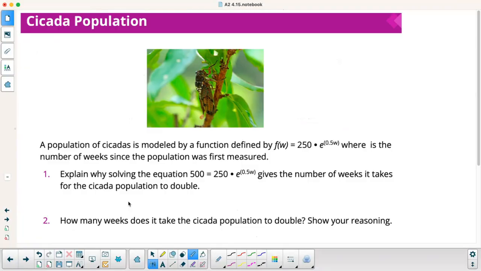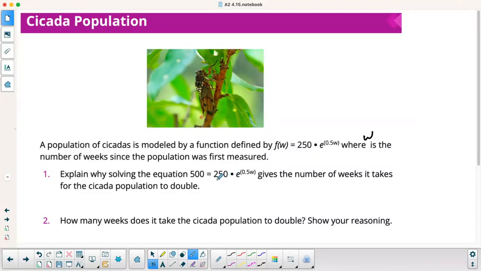All right. A population of cicadas is modeled by a function defined as f of w equals 250 times e to the 0.5 w, where w is the number of weeks since the population was first measured. Explain why solving the equation 500 equals 250 times e to the 0.5 w gives the number of weeks it takes for the cicada population to double.